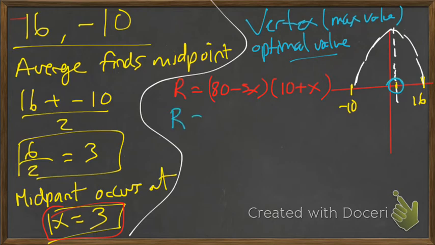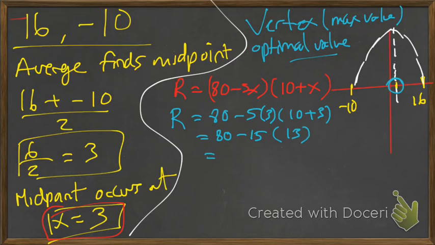So r is equal to 80 subtract 5 times 3, multiplied by 10 plus 3, which is equal to 80 subtract 15 multiplied by 13. What I should end up with after you do that math, and keep in mind this is in a bracket too, which is important, is 65 and 13.